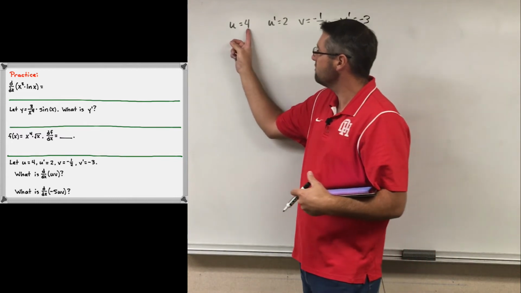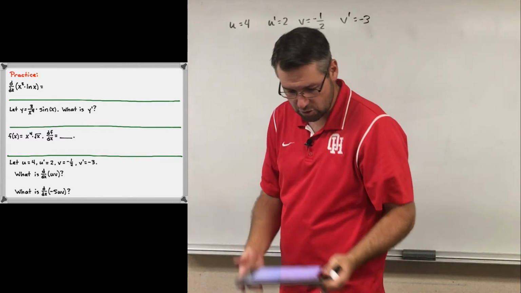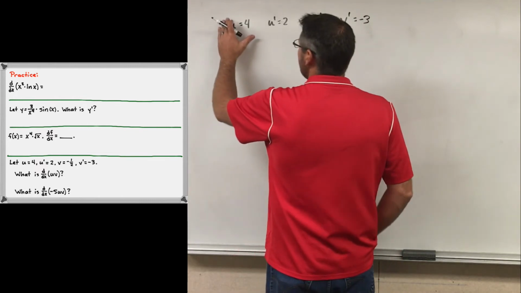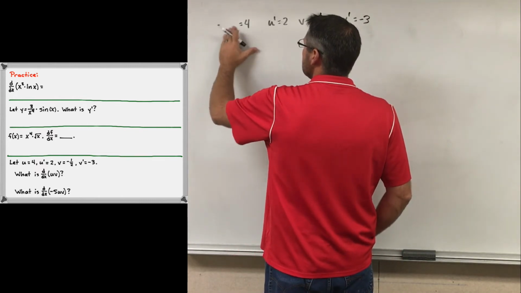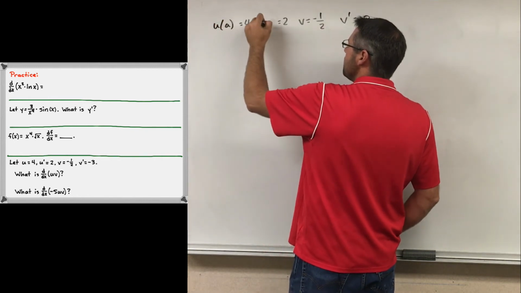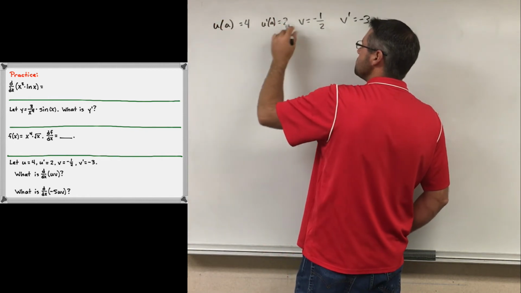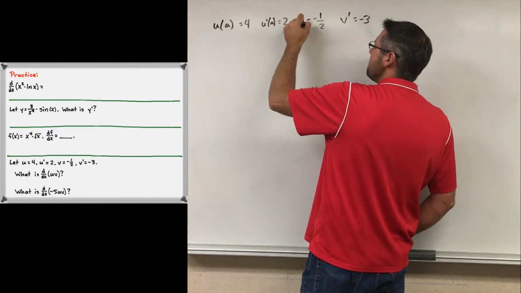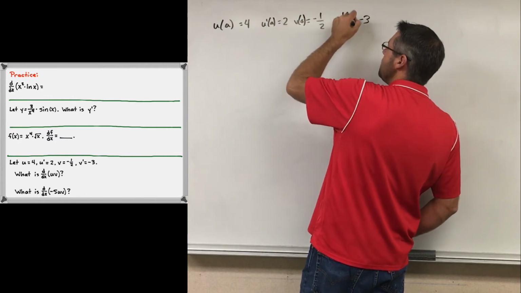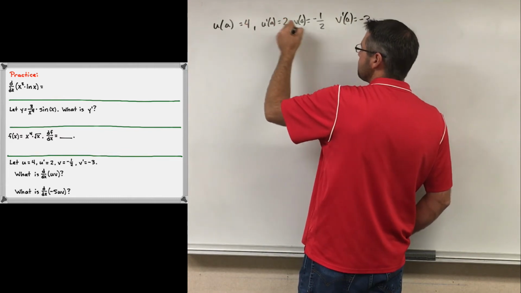The value of u at a certain point is 4. So for example, let's do this. u of a equals 4. u prime of a equals 2. v of a equals 1 half. And v prime of a equals negative 3.